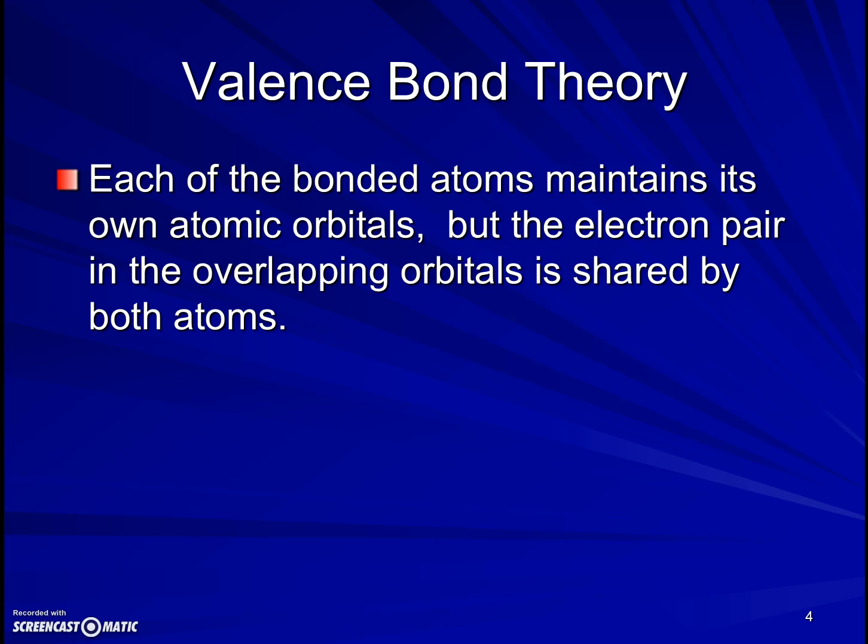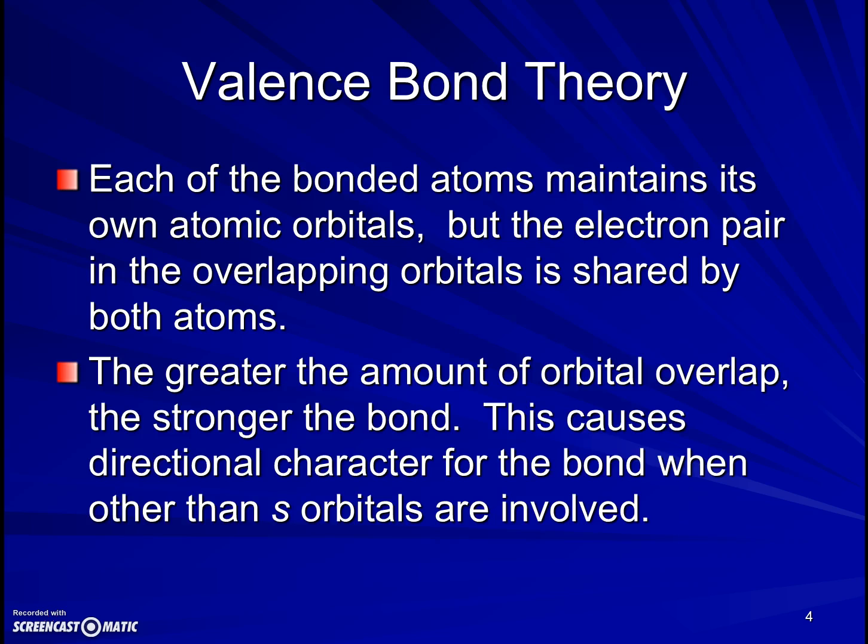So we just saw two p orbitals overlapping to make a fluorine molecule in the previous slide. The electron pair in the overlapping orbitals is shared by both atoms. So the greater the amount of orbital overlap, the stronger the bond is. And when we're looking at p or d orbitals, they have a certain direction to them, so the direction becomes specified by the orbitals.